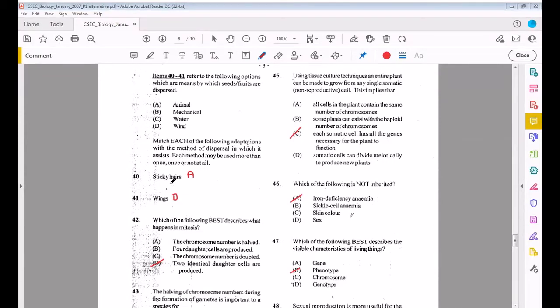40 to 41 refers to the following options, which are means by which seeds or fruits are dispersed. If the seed or the fruit has sticky hairs, then we know this is animal dispersal. It could stick on the insects or whatever. And we also have the wings. Wings would be for the wind.